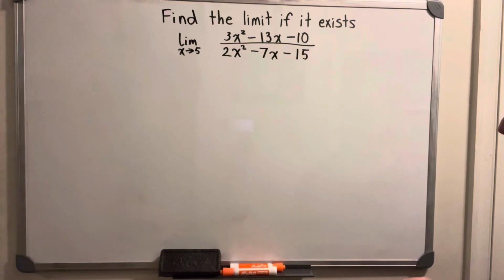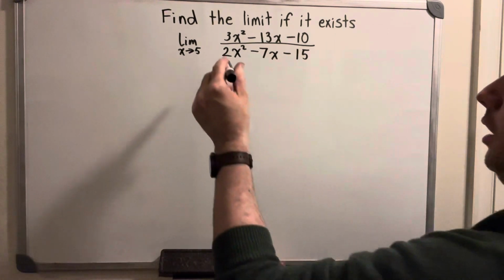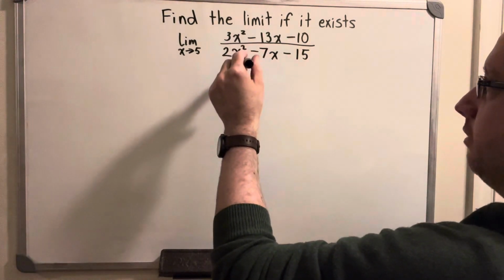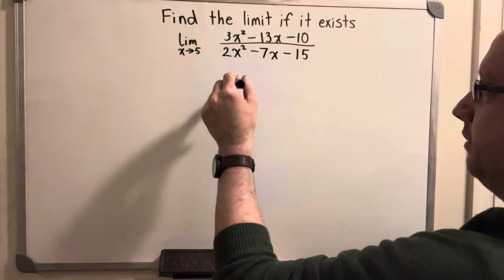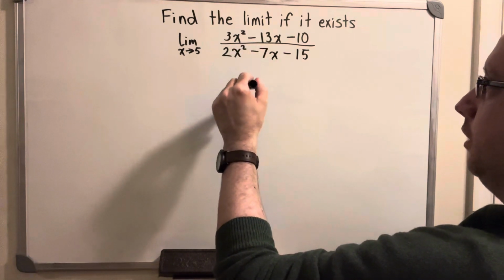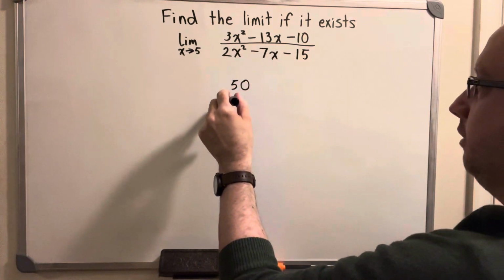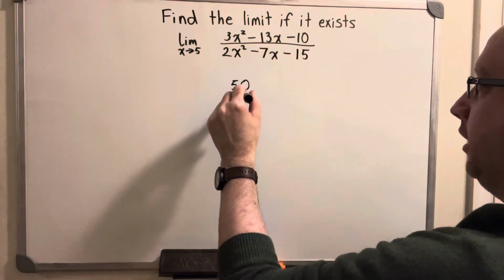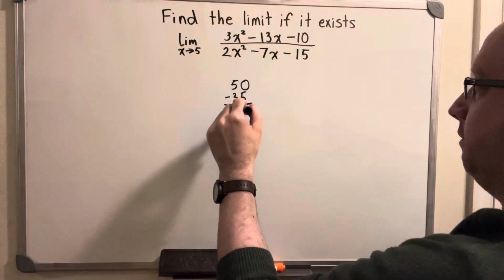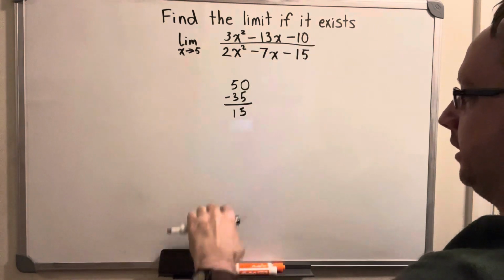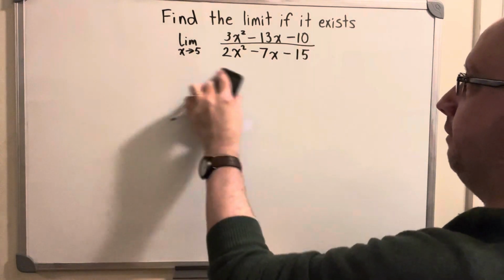It probably will be, but we can just check that. 5 squared is 25. 2 times 25 is 50. 5 times 7 is 35. 50 minus 35 is 15, and then 15 minus 15 is 0. So we know that we have to factor out.